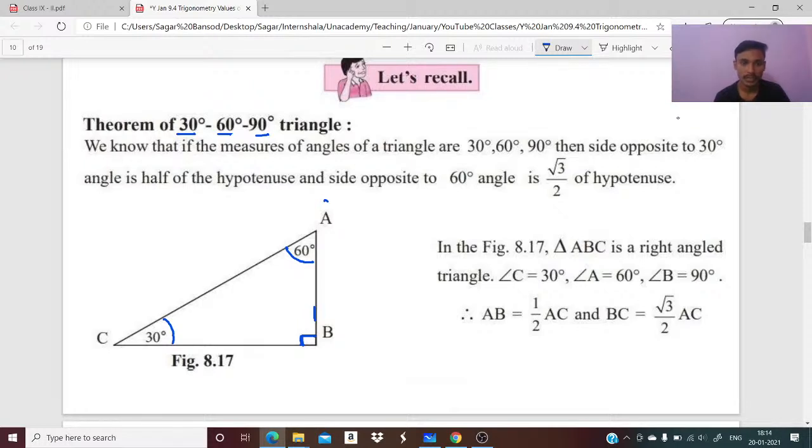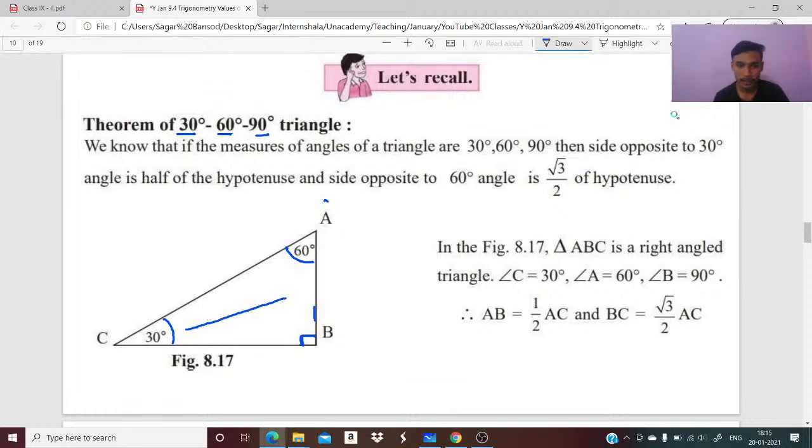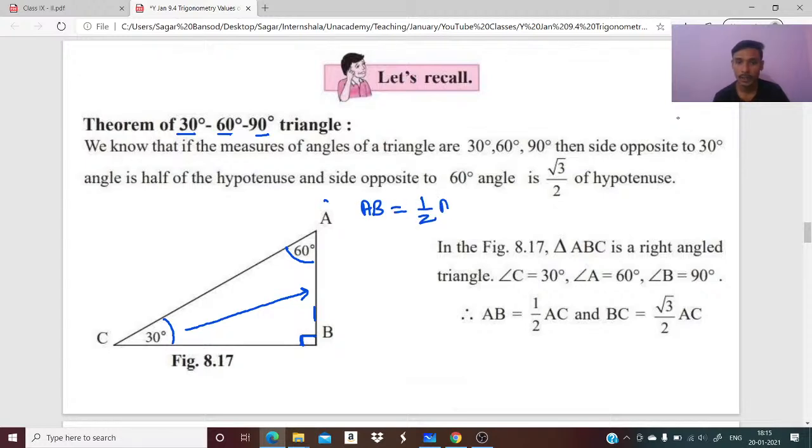So my theorem says that the side which is opposite to 30 degrees, that is AB, is half of the hypotenuse. This side AB, opposite to my 30 degrees, is half of my hypotenuse.